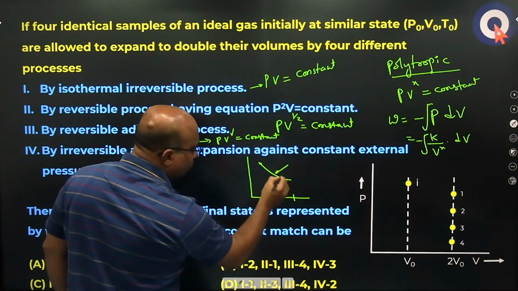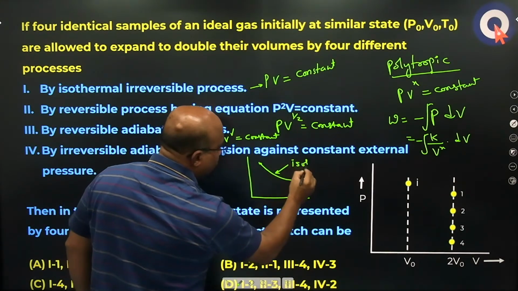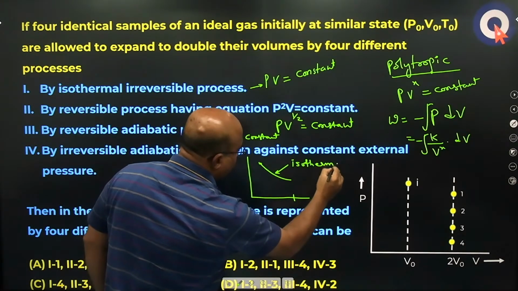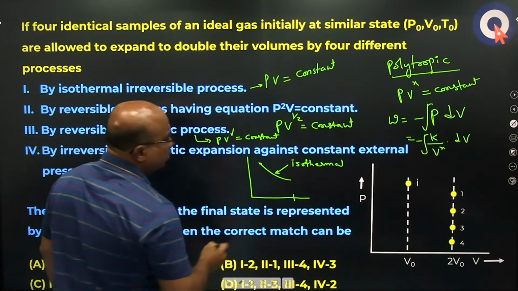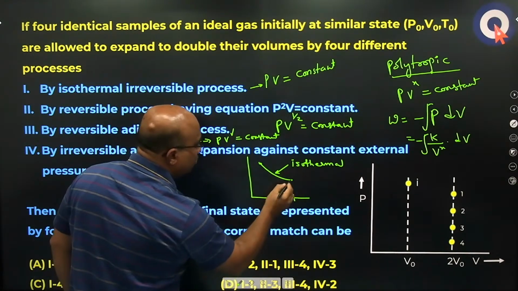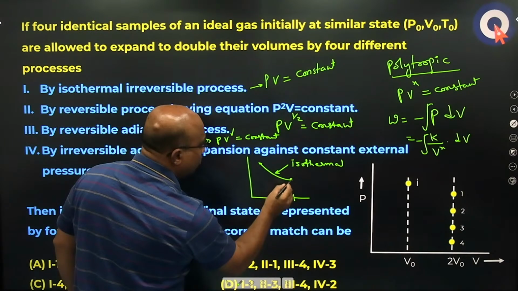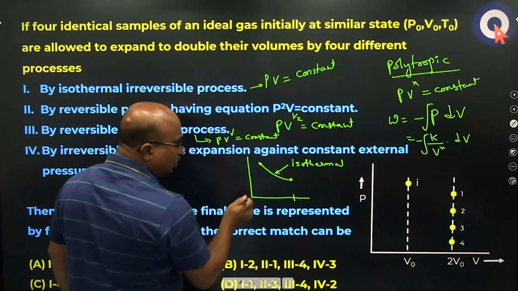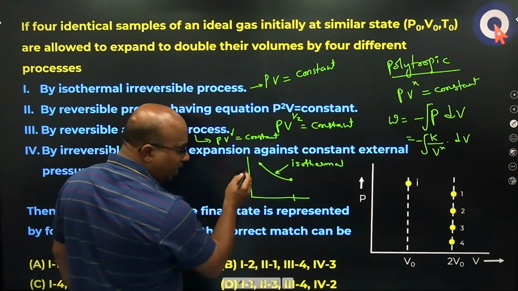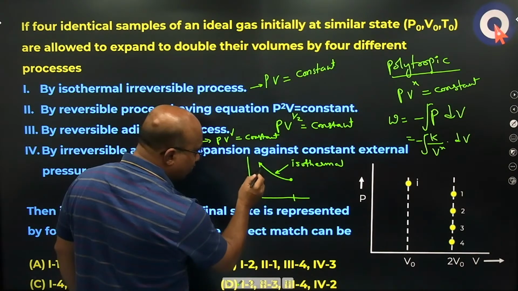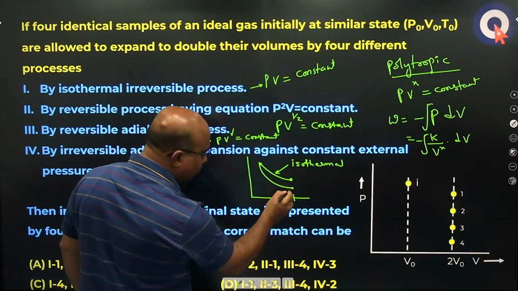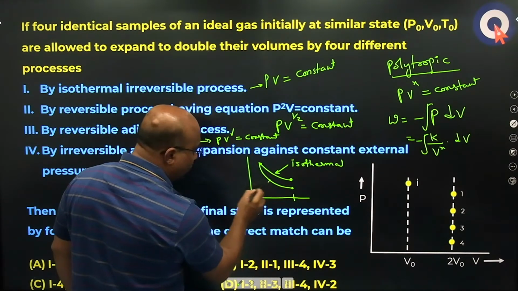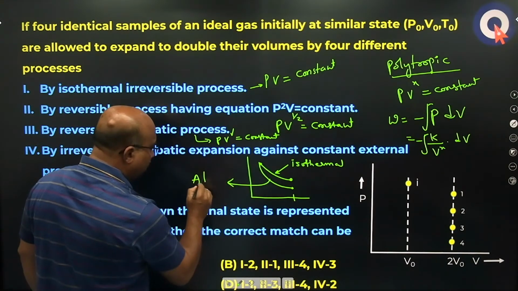This is isothermal reversible, but suppose the same process is taken under an adiabatic process. The process takes place like this. So this is what we say adiabatic reversible.